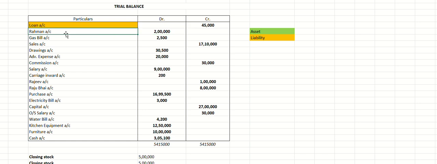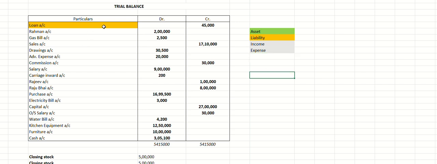Rahman account. Is Rahman account an asset or liability? Remember, any account that we find in the trial balance can be an asset, liability, income or expense. But notice one thing, income and expense are taken where? They are taken in the profit and loss account. We are not taking them to the balance sheet.